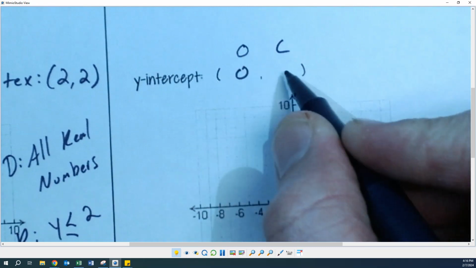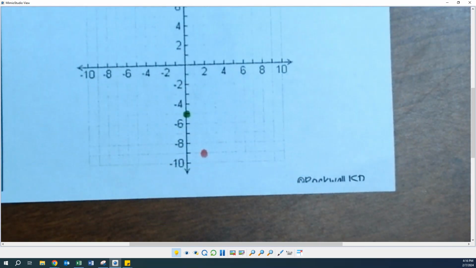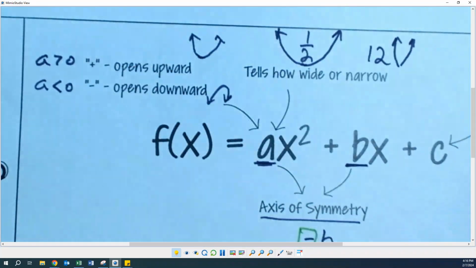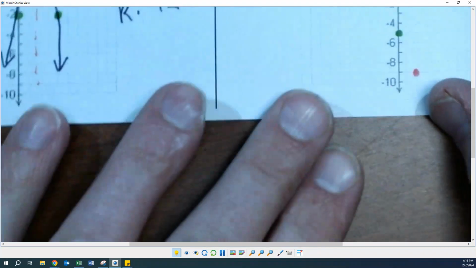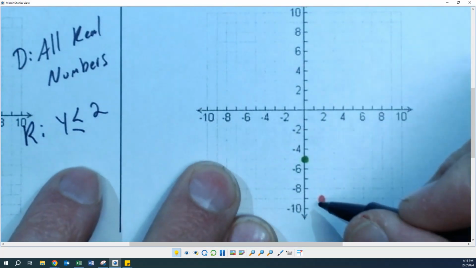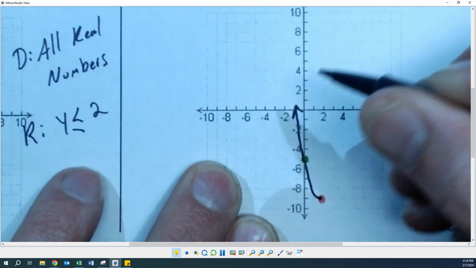So your y-intercept is (0, -5). So your point should be there. Your a value is positive 1. So therefore, because it's positive, it should open up, which it looks like it is doing because your vertex is below your y-intercept. So go ahead and draw half of your parabola.